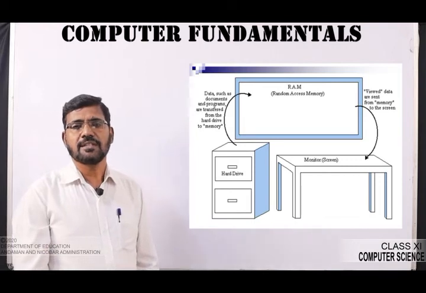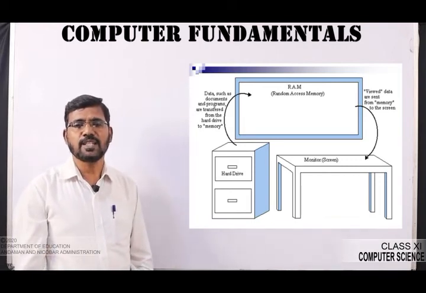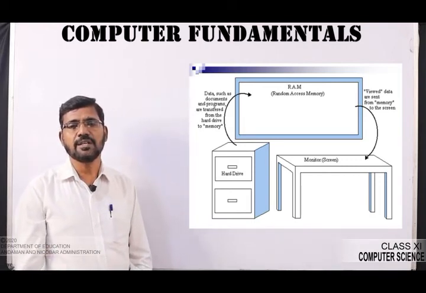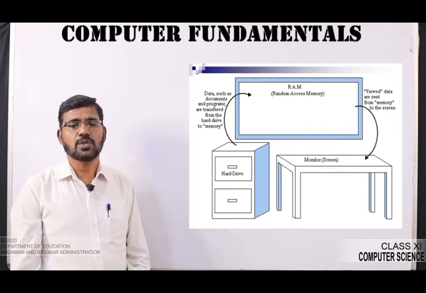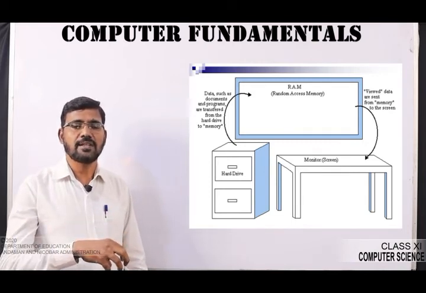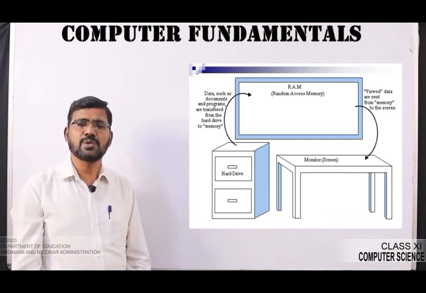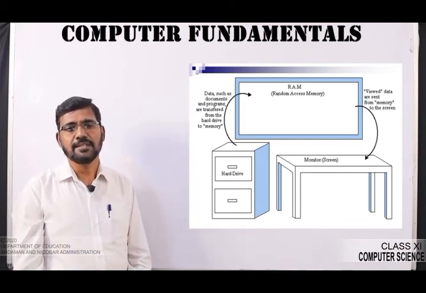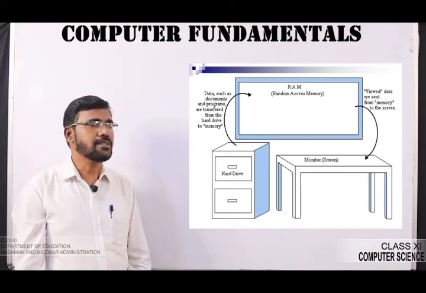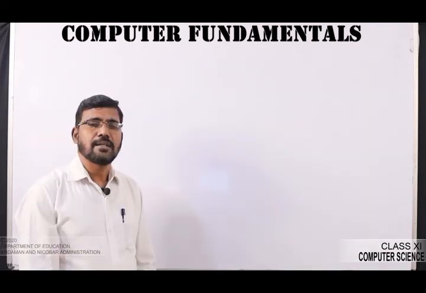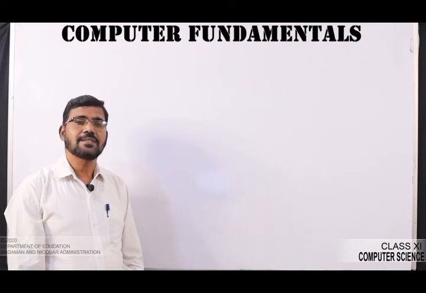Thereafter, the data in the memory is sent to the screen. So, first from the hard drive to the RAM, and thereafter from the RAM to the monitor, so you can watch it on the screen. These are the fundamentals of computers.